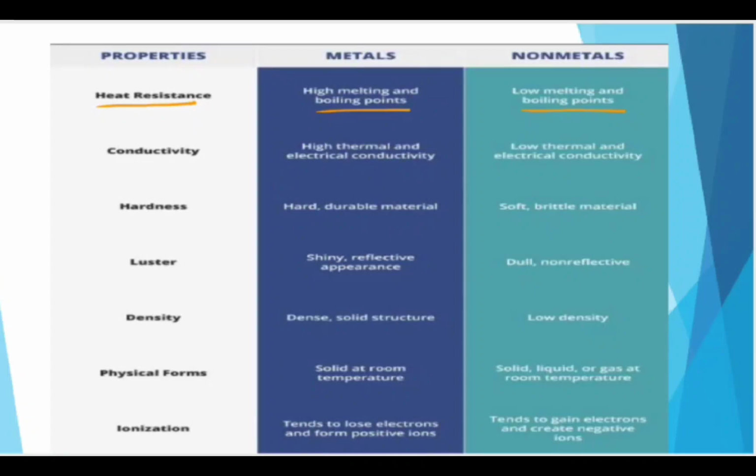Conductivity: metals have high thermal and electrical conductivity, meaning they are good conductors of heat and electricity, whereas non-metals have low thermal and electrical conductivity. Non-metals are good insulators.